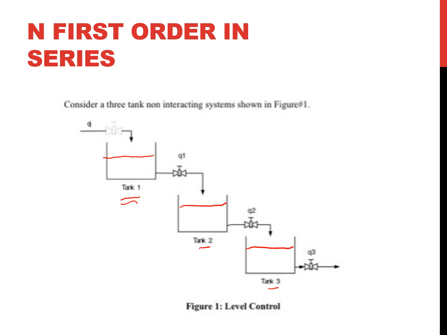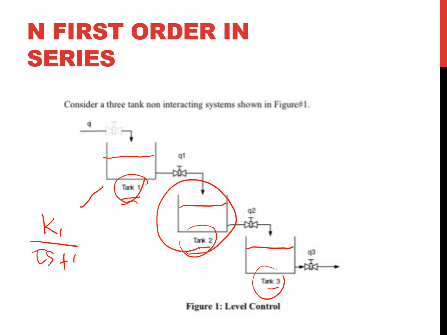So if we want to develop the overall mass balance, we will do it from tank number 1, tank number 2, tank number 3. We develop them separately, not simultaneously. Based on the previous example, you will get the first order. And if you do tank number 2, you will get another first order.